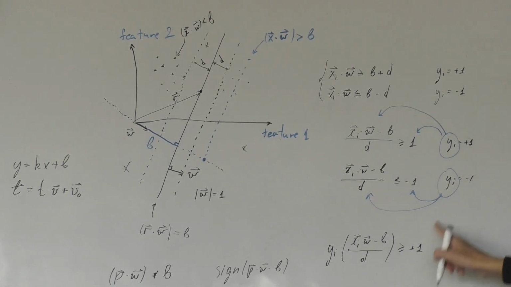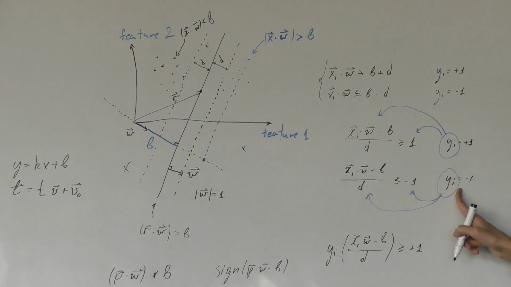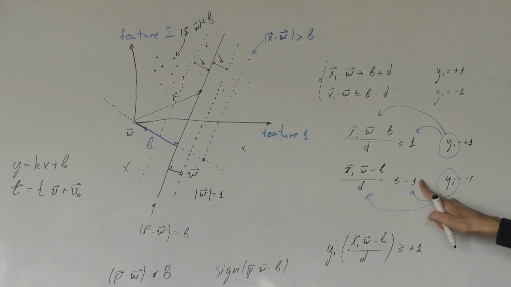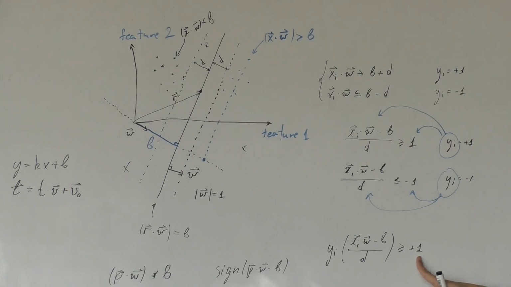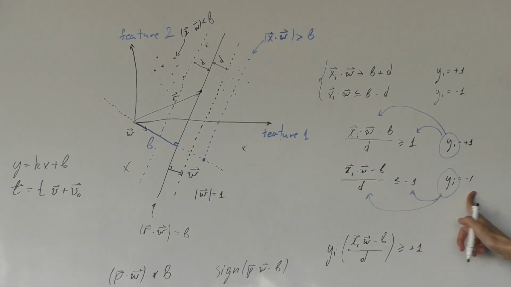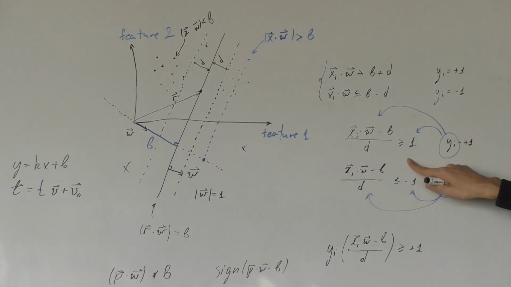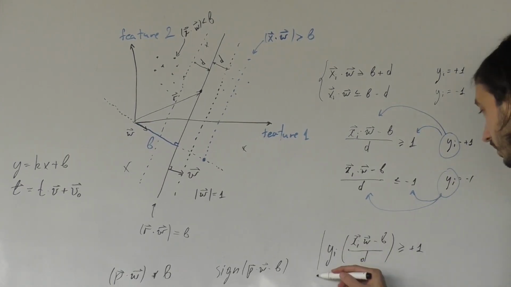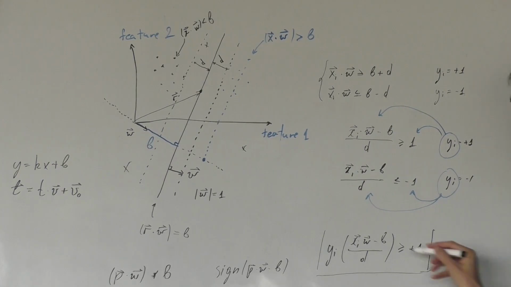If I do multiplication here, what do I get? On the left side, I have the same expression. But in here, I have -1 times -1. That gives me +1. And since I have multiplied my inequality by a negative number, I reverse the sign. So both inequalities now are collected into one. So here's what I have.